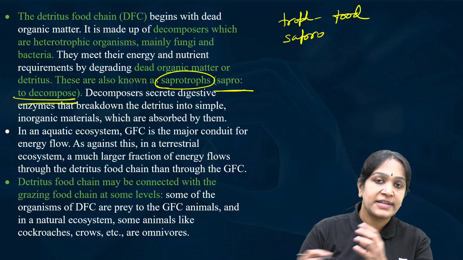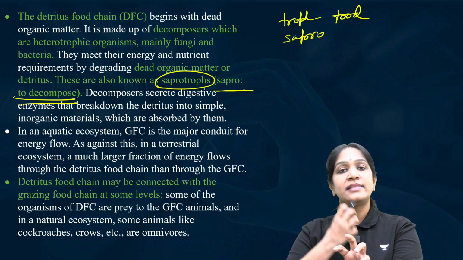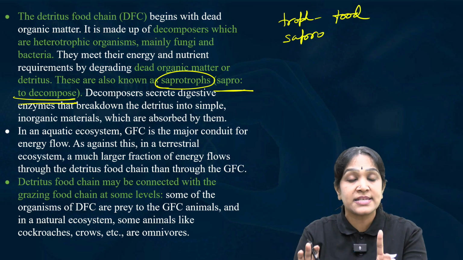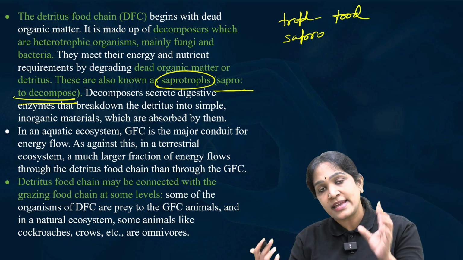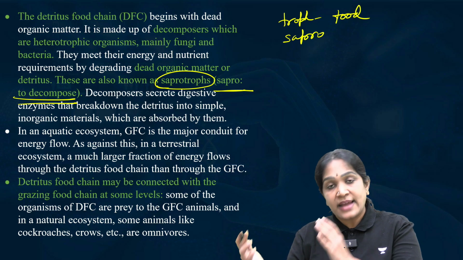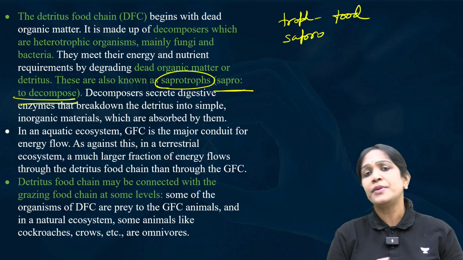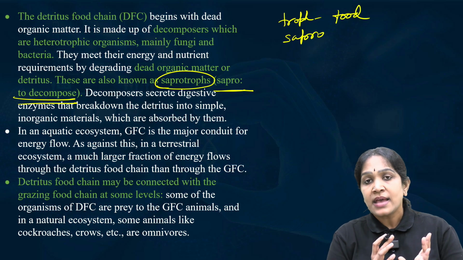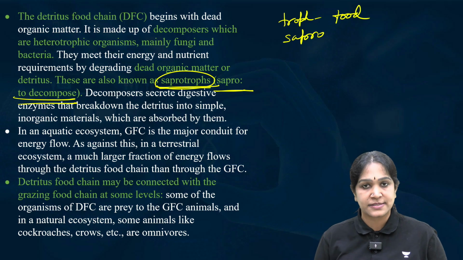These enzymes will disintegrate that material. The disintegrated material they consume, which means they don't digest the food inside the body. They first release the degradative enzymes. They digest the detritus outside the body. The digested simple organic material will be absorbed. Such organisms are called saprotrophs.